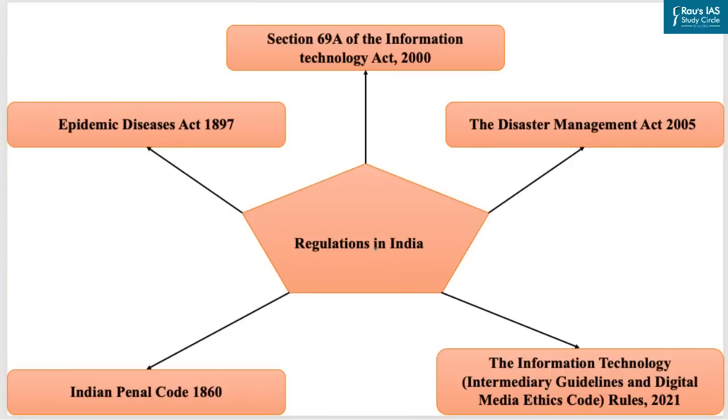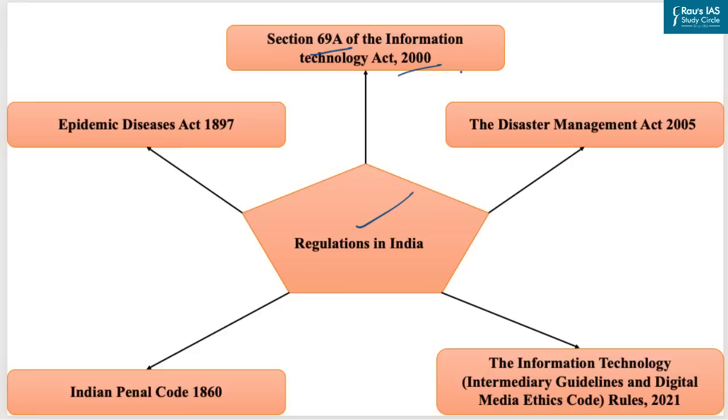So now let's see different regulations related to fake news in India. One thing you should know is that India does not have a robust and exclusive framework for curbing the menace of fake news. However, the government uses different sections under different acts to curb this problem. The first in this is the use of Section 69A of the Information Technology Act 2000.